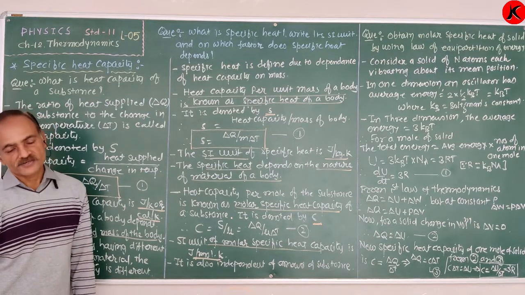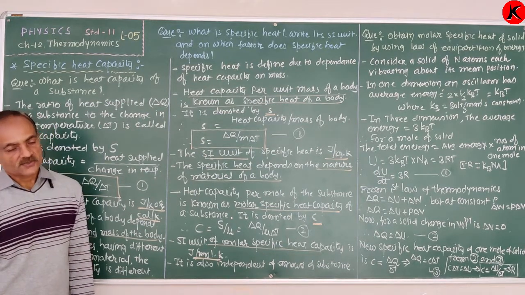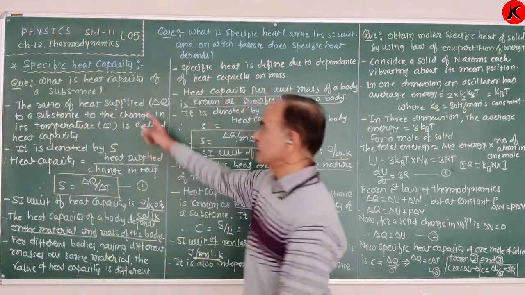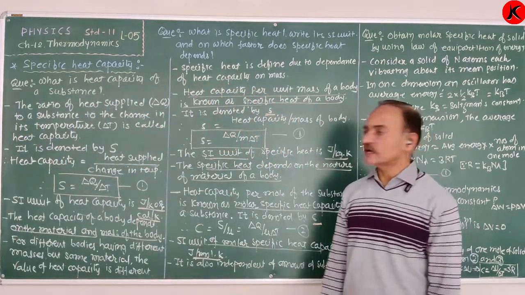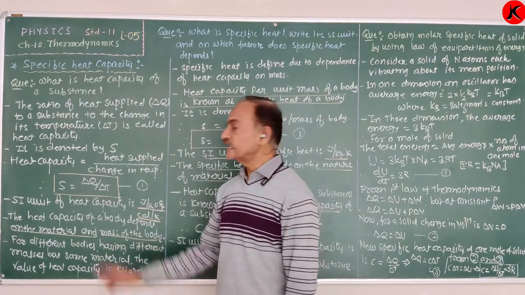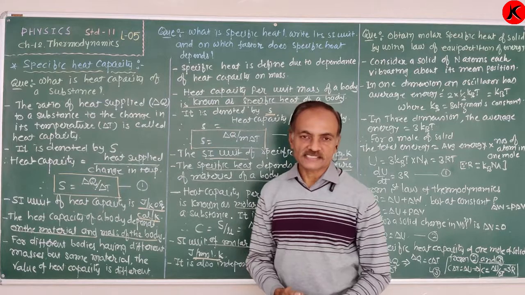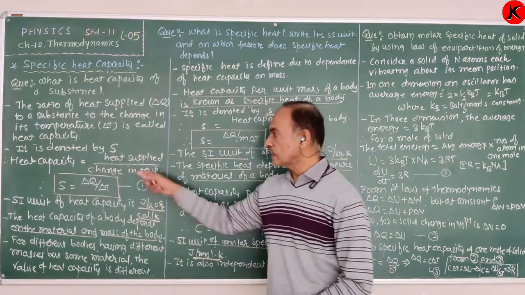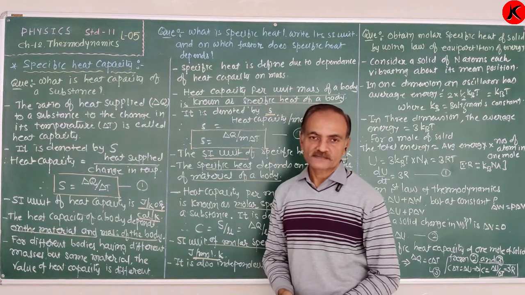So keep in mind the easy definition: heat capacity is the ratio of heat supplied to the change in its temperature. It is denoted by capital S. Therefore, heat capacity is equal to heat supplied to the change in temperature.